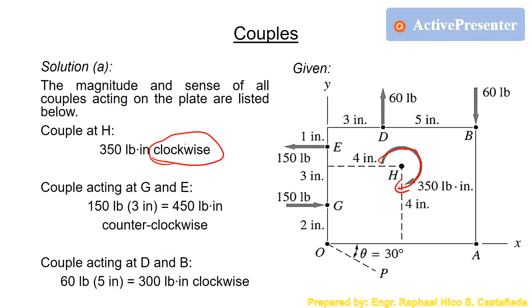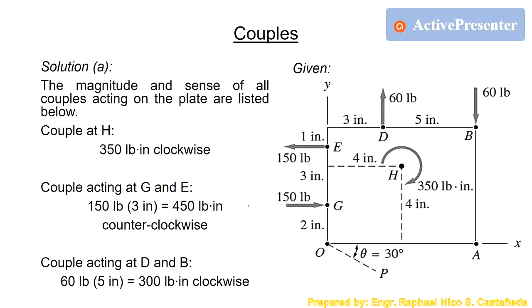Then we have the couple acting at G and E, which is this 150 pound force. Obviously, the couple is counterclockwise. So that is 150 pounds times 3 inch as seen in the figure, force times distance, 150 times 3 inch. So it is counterclockwise, 450 pound-inch.